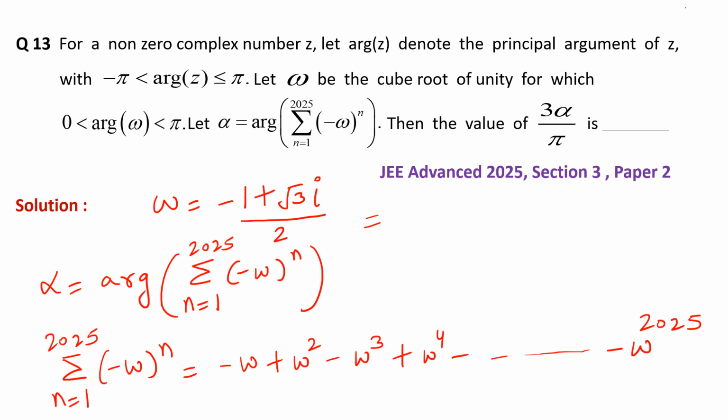So now just use the formula for the sum of a GP and you will get the value of this summation.